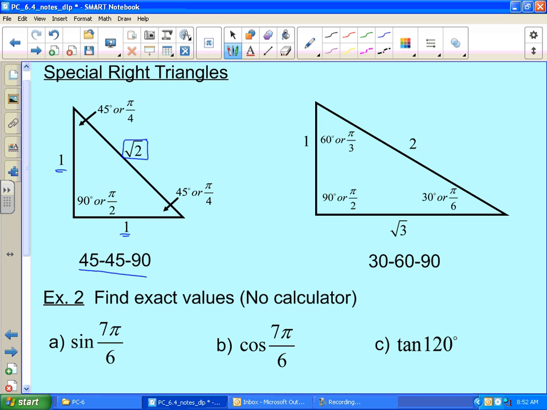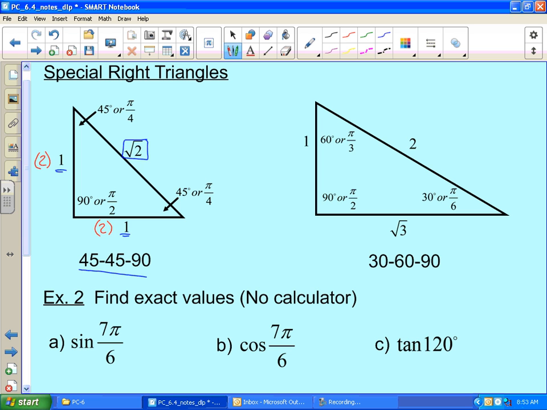And the sides of a 45, 45, 90 and a 30, 60, 90 are always in that same ratio with one another. Meaning, if I were to change the length of the legs on this right triangle, let's say we made the length of the legs 2. Well, then the hypotenuse must change proportionally as well. So 2 squared plus 2 squared is 4 plus 4, which is 8.